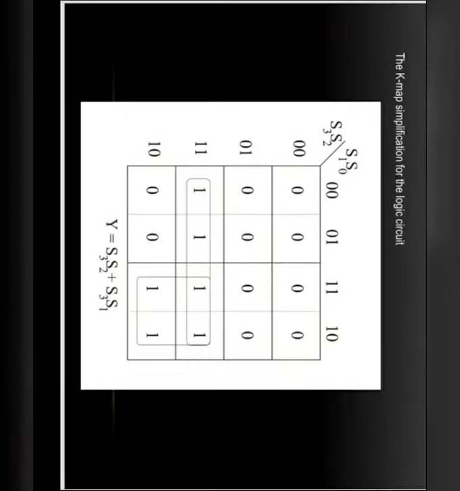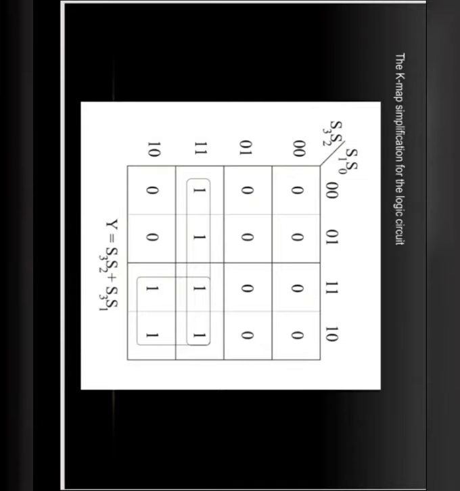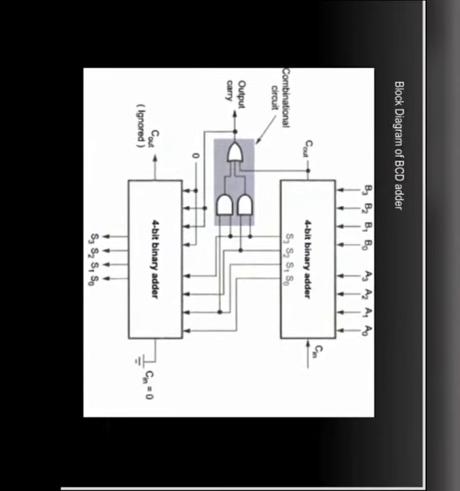By using this equation you can design a logic circuit. This equation is for the logic circuit, and I have already designed it and explained it in my video. The very first is the 4-bit adder, then this is for the logic circuit, and this one is again a 4-bit adder, just to add 6 or 0. I have explained this in my video.